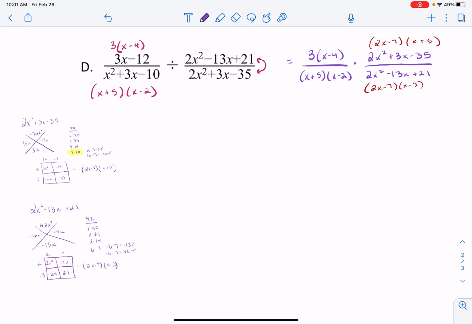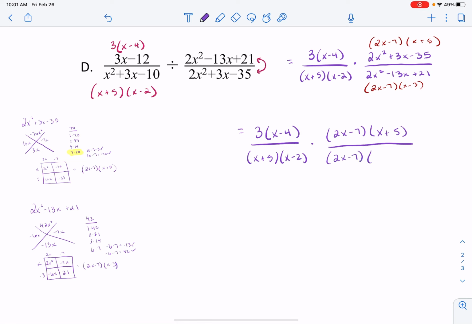All right. So now let's go ahead and rewrite. So this becomes 3 times x minus 4 over x plus 5 x minus 2 times 2x minus 7 times x plus 5 over 2x minus 7 times x minus 3.